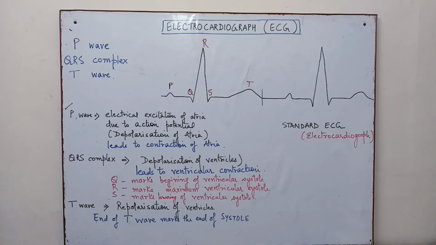And any change in this wave pattern gives an indication of a problem of the heart. It can lead to various kinds of conclusions, like any deviation from this shape indicates a possible abnormality or a disease. So for example, it can tell us if there is any change in the heartbeat structure or this pattern.